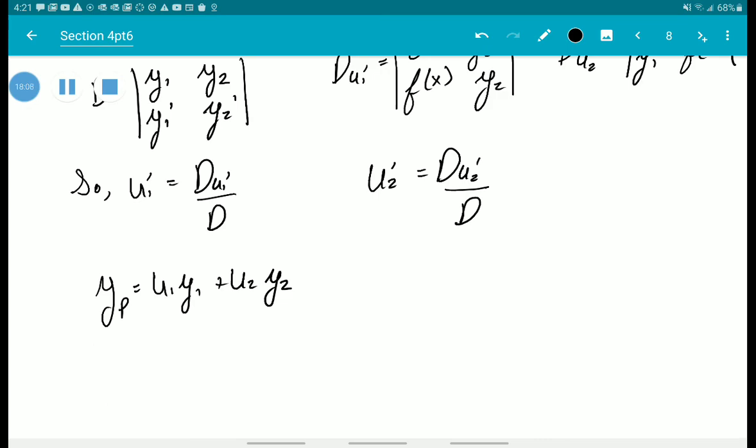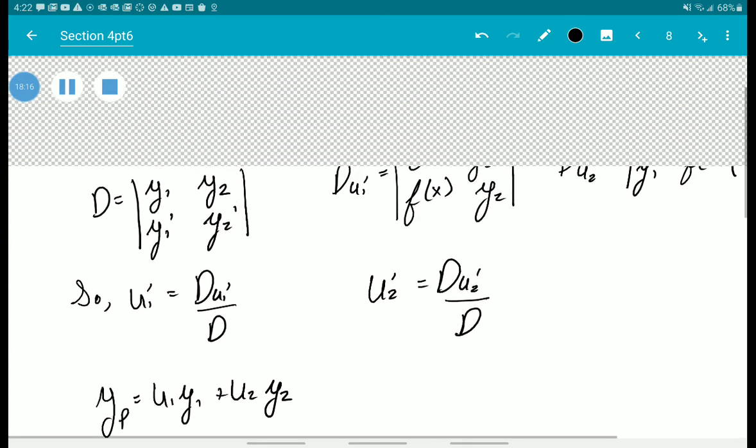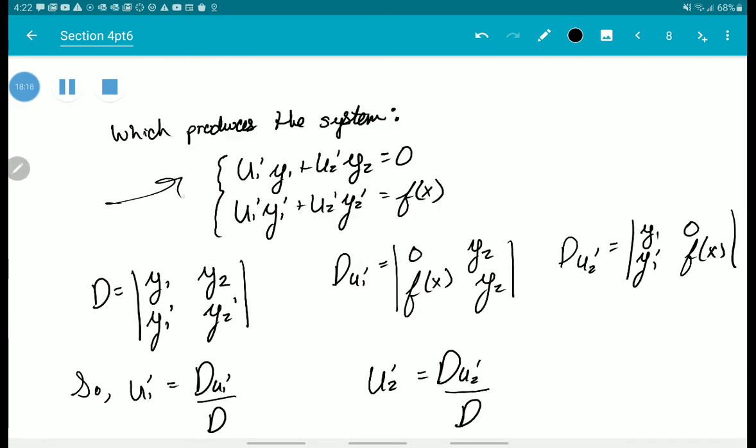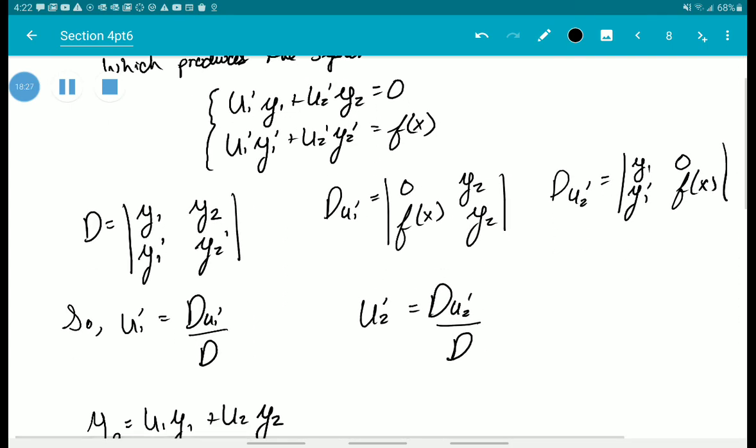We could branch this out to a third order, and you've seen in the other videos how to solve a third order. But that's where the theory is coming from. The important part is coming up with that system of equations, because once you get that system, everything else is really just finding determinants and just doing some basic calc integrals. So that's the theory behind variation of parameters.